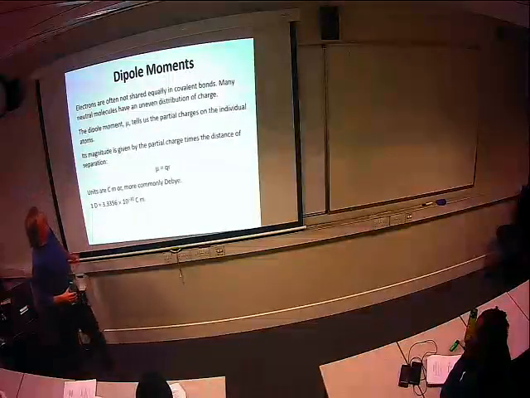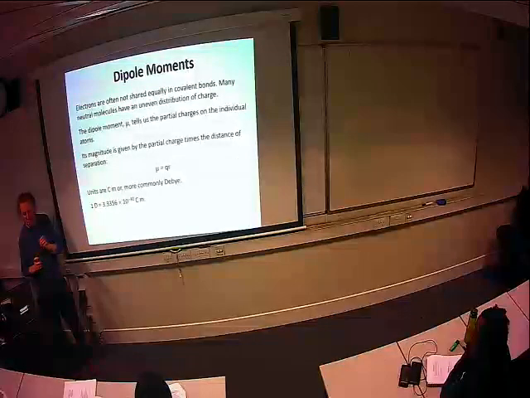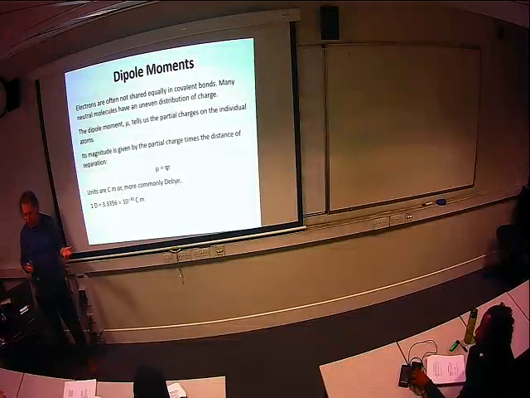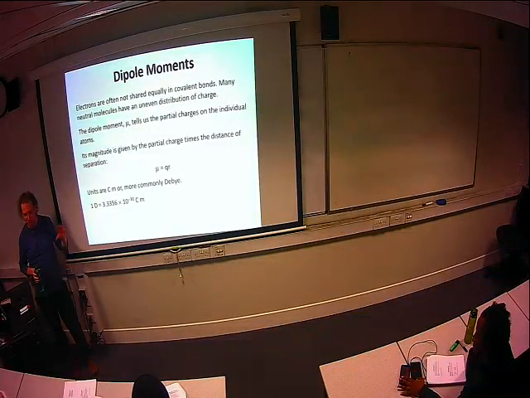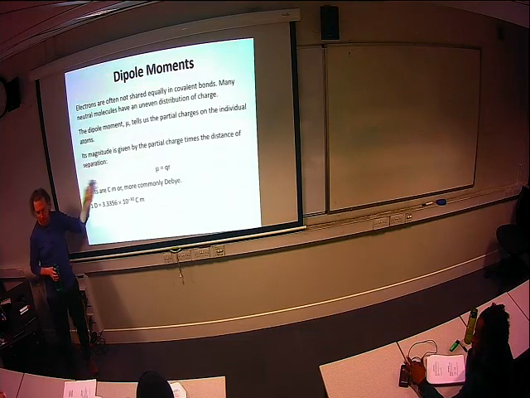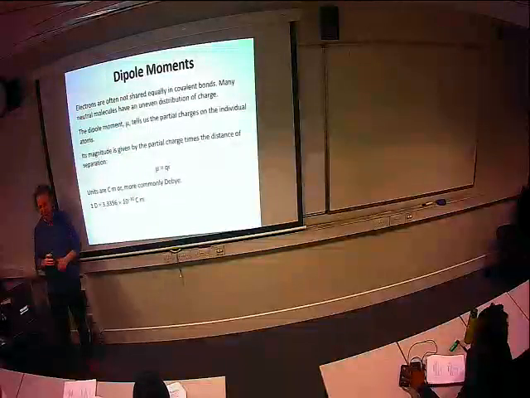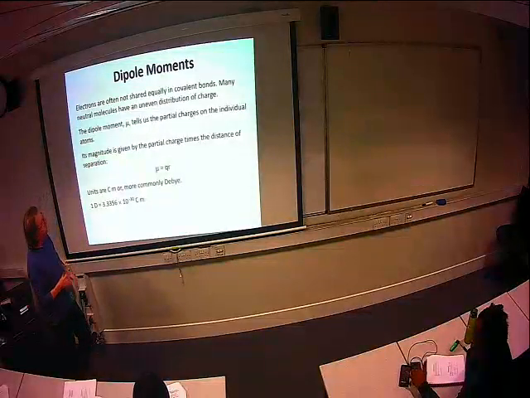And we can quantify this in terms of dipole moments. This is usually applied to the whole molecule. I guess you could also think about it for individual bonds as well, but it's usually describing the whole molecule, where you add up all of the effects of all of the different chemical bonds.